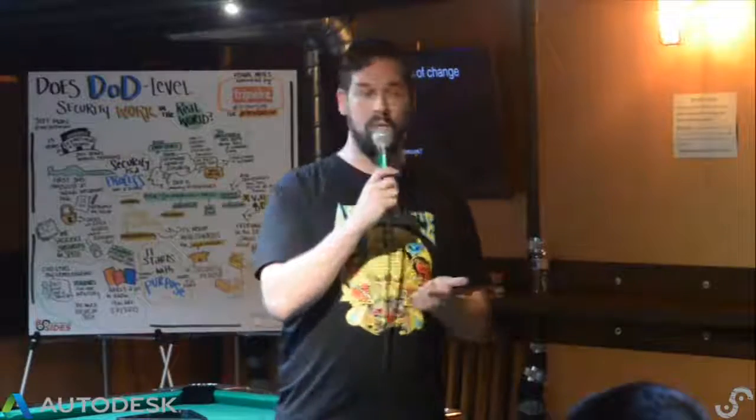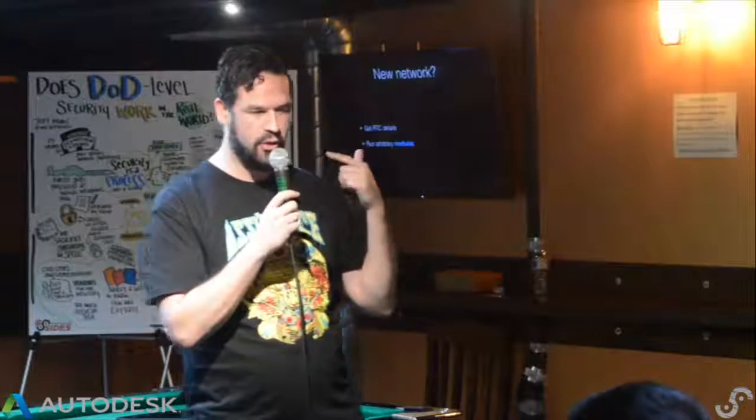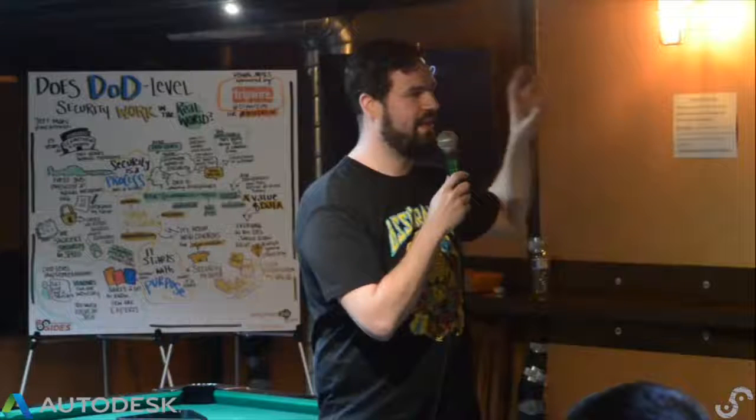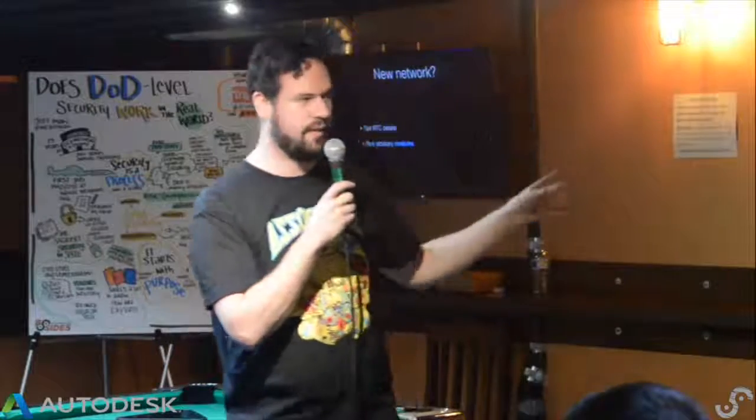Are we back on our home network or are we on a new network? And as soon as we're on a new network, we run the internal WebRTC IP lookup, we get the internal network IP information, and then we feed that into arbitrary modules, execute those modules, and then cache the results locally, and then if we ever get back on the home network, we send it out to Beef.